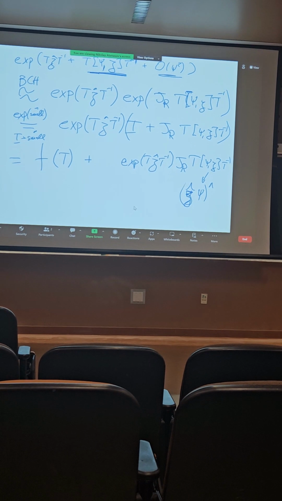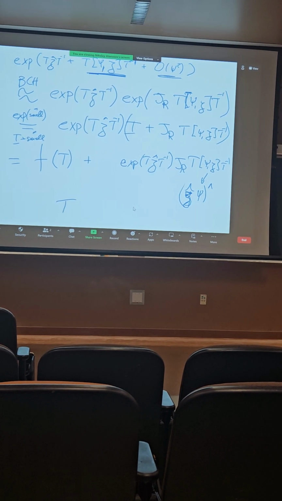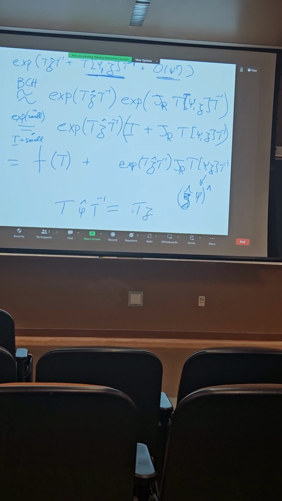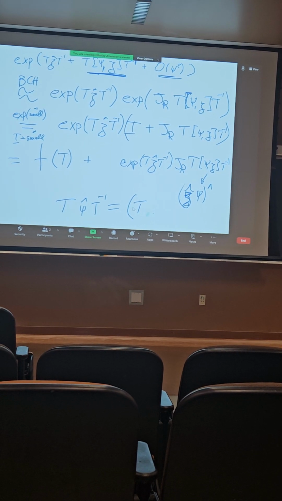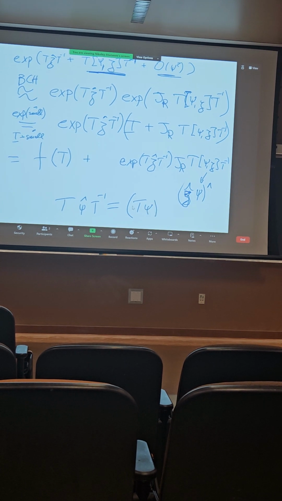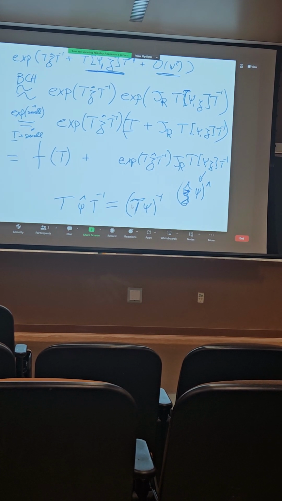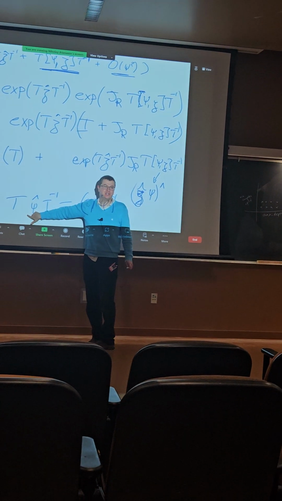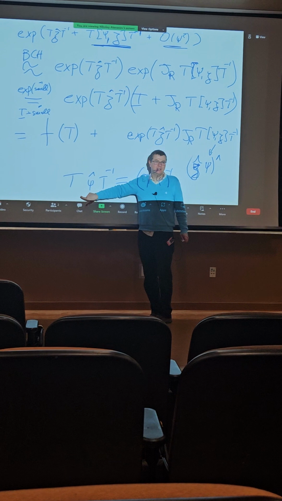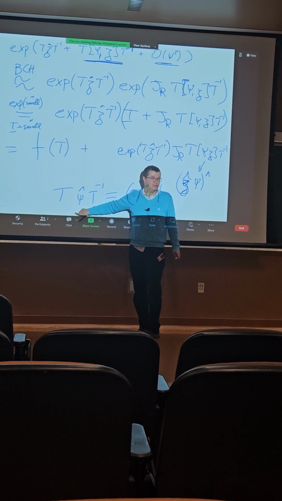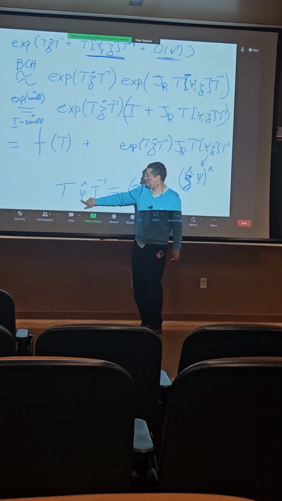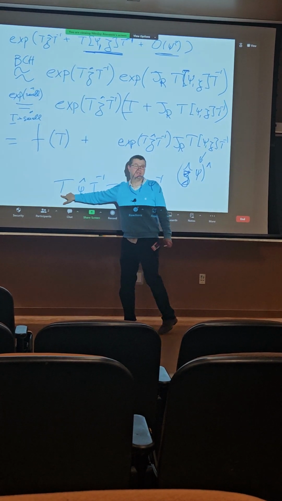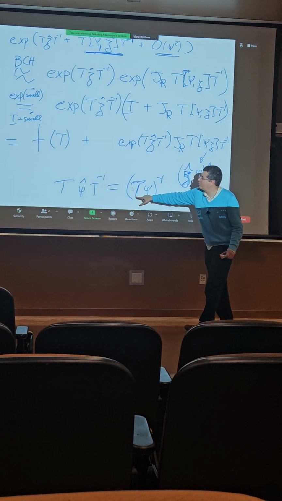Then you need to know one more thing, that T psi hat T inverse is like the adjoint map we had seen for rotations. Remember, this was the way to change velocity from one coordinate frame to another. There's the same thing for poses, so it rotates velocity from one frame to another with this pose. So you get something called the pose adjoint.